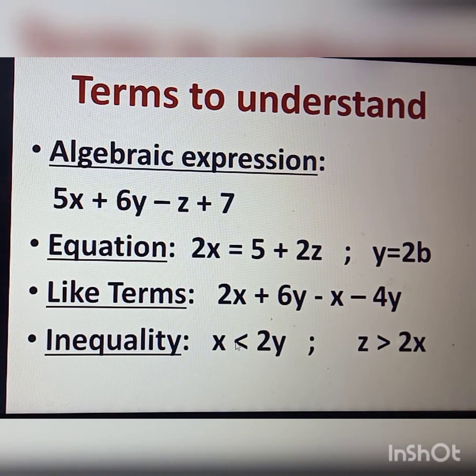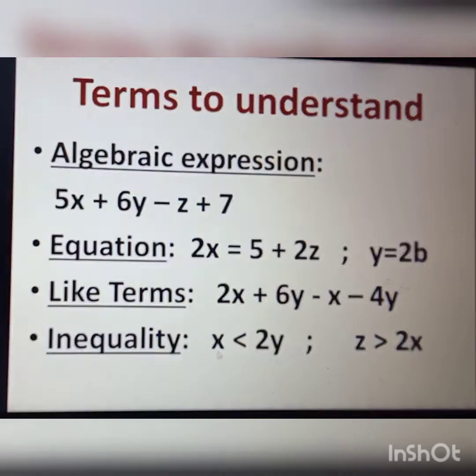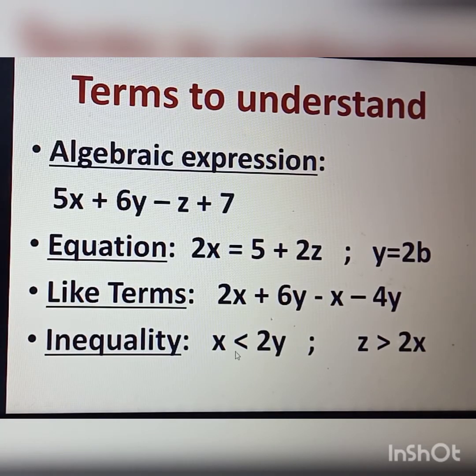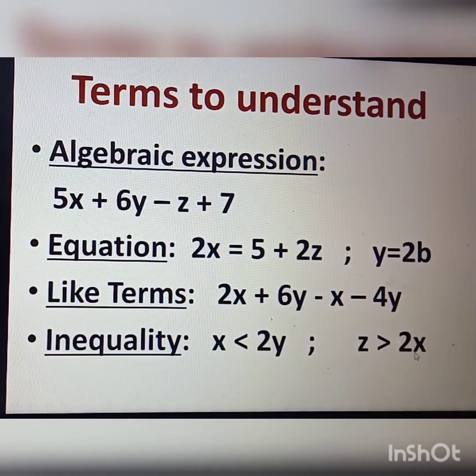The closed mouth of this symbol shows the smaller value, and the open mouth shows the bigger value. Keep one thing in mind: you always read the inequality from the left hand side. So you read it like this: x less than 2y, z greater than 2x.